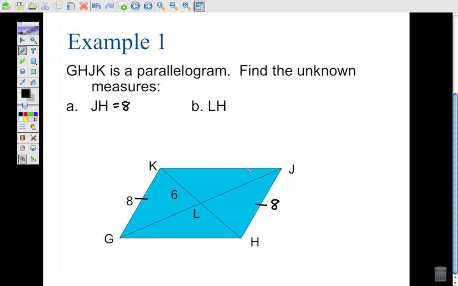So JH would equal 8. LH is a part of the diagonals, and I know that if I have a parallelogram, the diagonals bisect each other, so those pieces are congruent. So if KL is 6, LH would be 6.